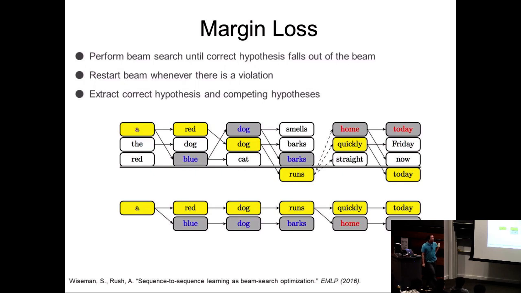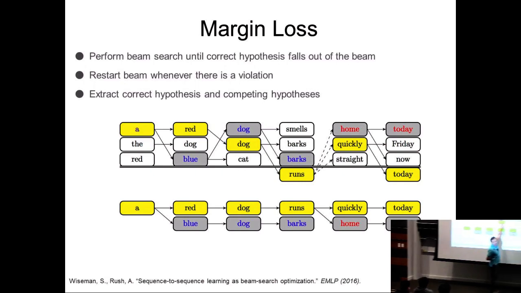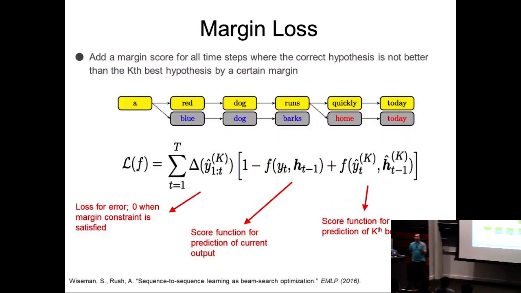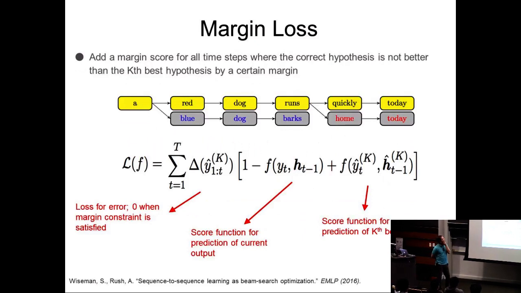For example, if you have the correct output, a red dog runs quickly today, all of a sudden this particular hypothesis falls out of your beam search. If you're using a beam of size 2, you will never get it right, because it's not going to be among the top 2 hypotheses. And so what you can do is construct this margin score.